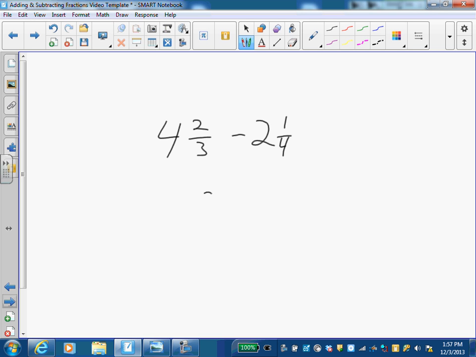So let's try that. I'll just take 2/3 minus 1/4. Much smaller numbers to work with. 4 times 2 is 8, 3 times 1 is 3. And then I'm going to multiply my denominators again. So I'm going to get 8 over 12 minus 3 over 12.